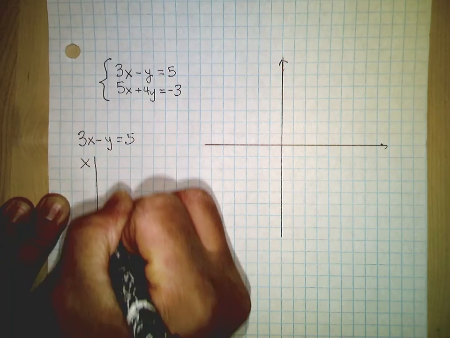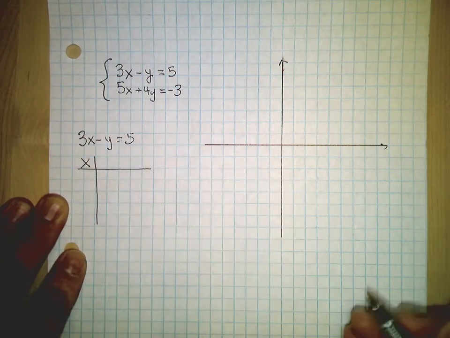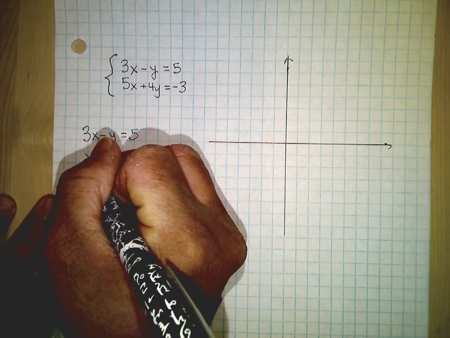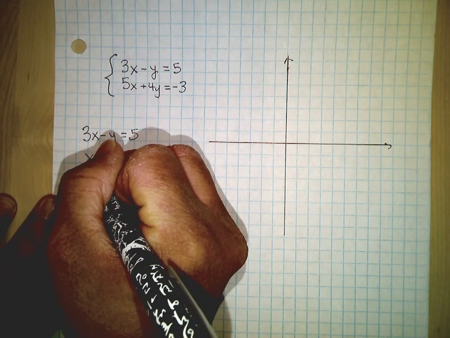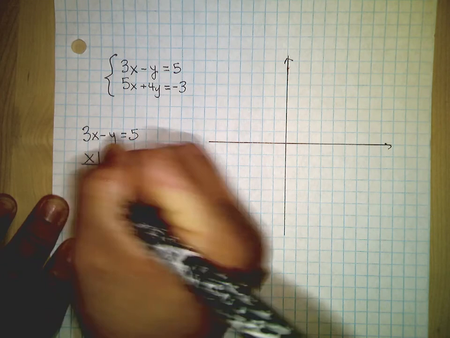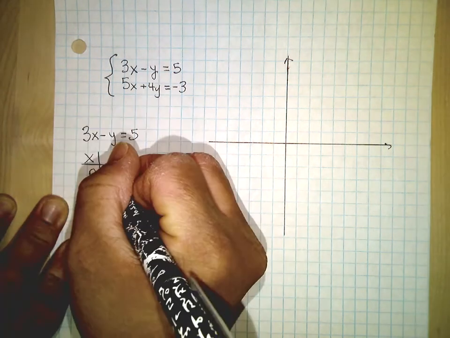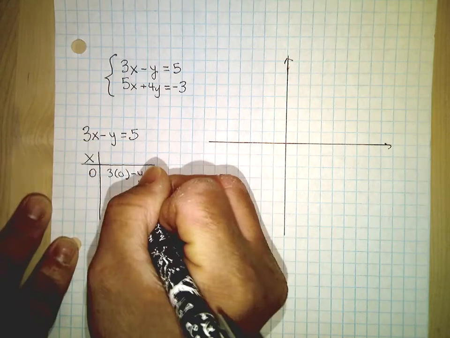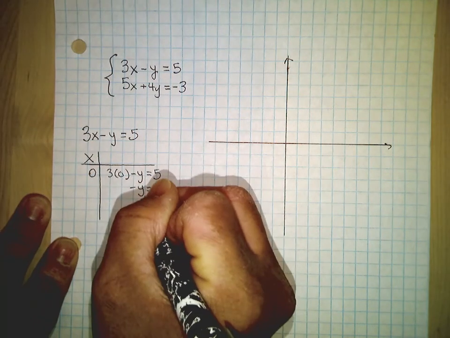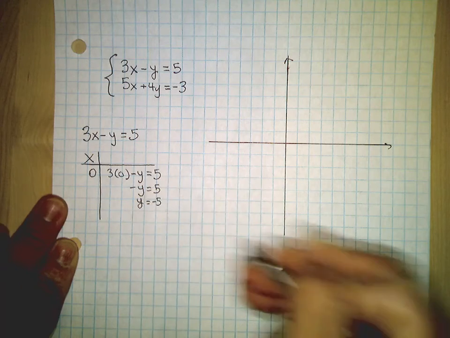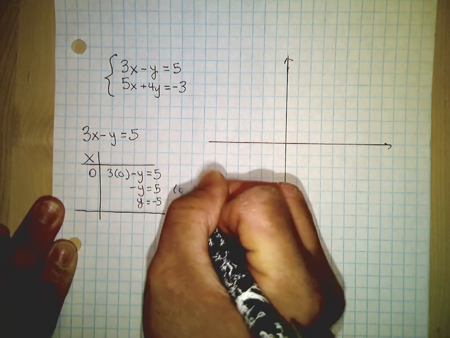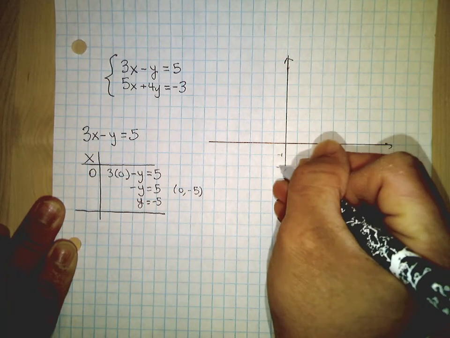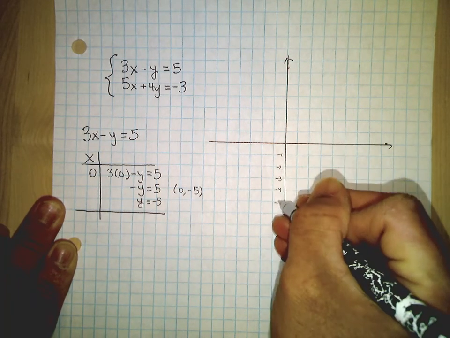So let's say x is 0. Then we have 3 times 0 minus y is 5, negative y is 5, so y is -5. So one of the points is (0, -5). So 0, -1, -2, -3, -4, -5.